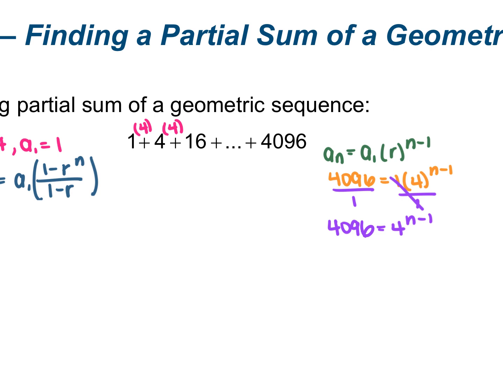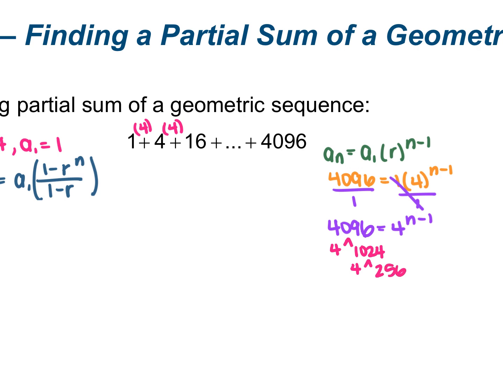So to find whatever 4,096 is as 4 to the power of something, we're going to take that 4,096 and divide it by 4 as many times as we possibly can to get it just to be 4s. So that's going to be 4 times 1,024. If we divide that by 4, we get 256.